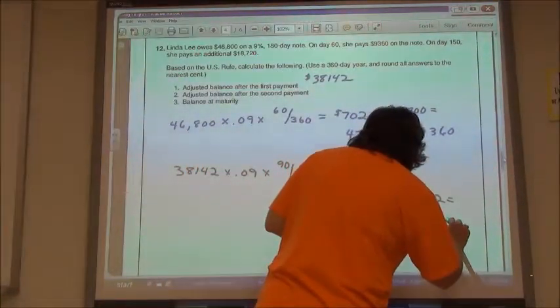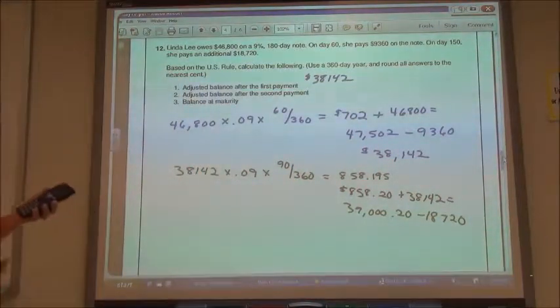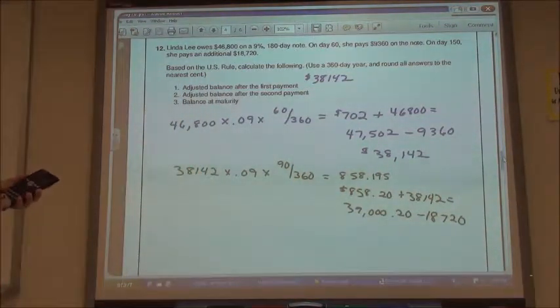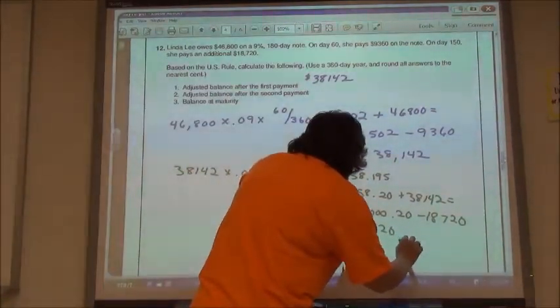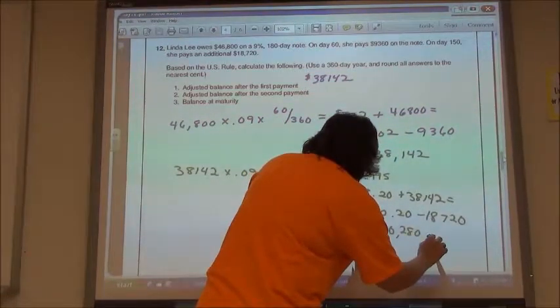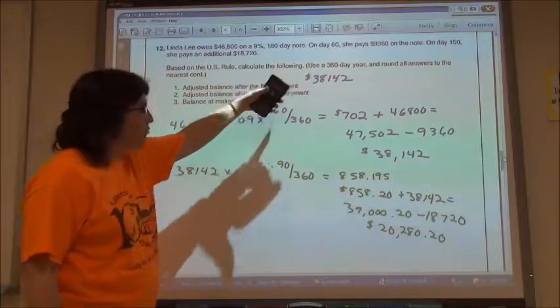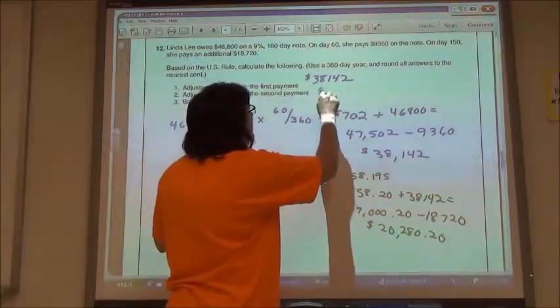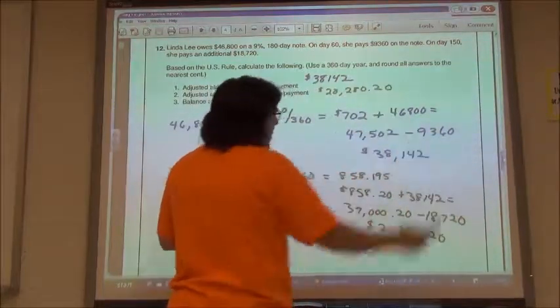So I'm going to subtract off my payment, $18,720. So if I subtract off the $18,720, I now am going to owe $20,280.20. So the adjusted balance after I made my second payment, $20,280.20.